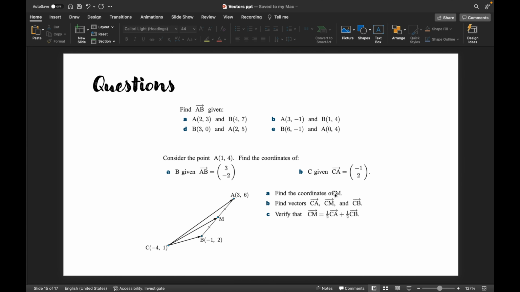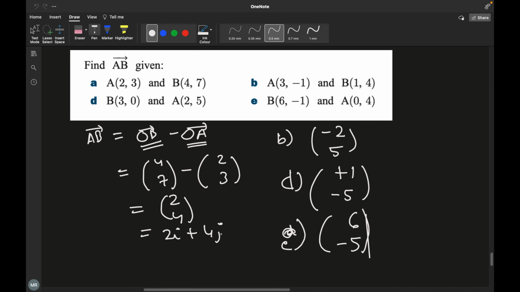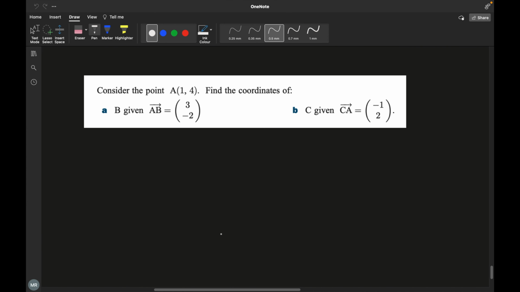Let's look at question number 2. Consider the point A with coordinates 1, 4. We have to find the coordinates of B given that vector AB is 3, -2. This is also very simple. We first write the equation. Vector AB is OB minus OA. Let's plug in the values. AB is 3, -2.